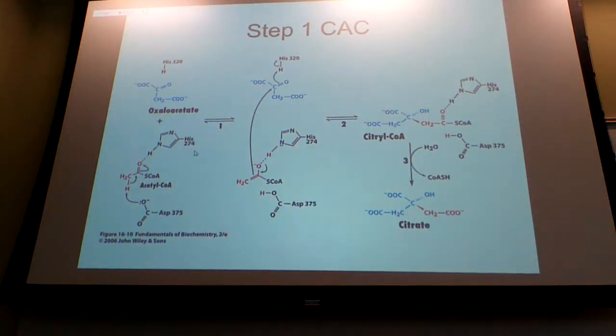Now, what is my histidine doing in the process? Is it stabilizing through hydrogen bond? Yeah, this is a good question. I don't know what they meant to draw here, because it seems to be kind of ambiguous. It shows the hydrogen being put over here as a perturbation, in which case it's acting as an acid and it's acid catalysis.